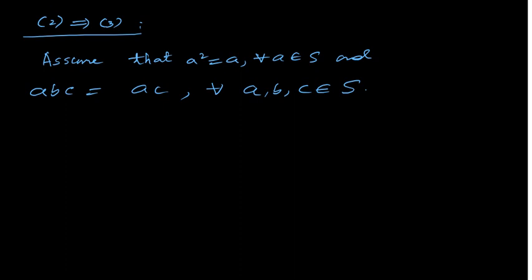ABC is equal to AC for all A, B, C belongs to S. So we show that there exists a left zero semigroup L and a right zero semigroup R such that S is isomorphic to L cross R. So let's choose an element C in S. Let C belongs to S.